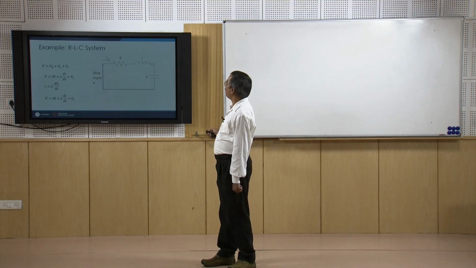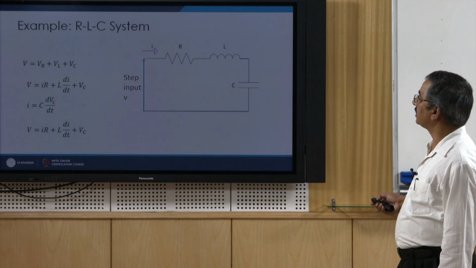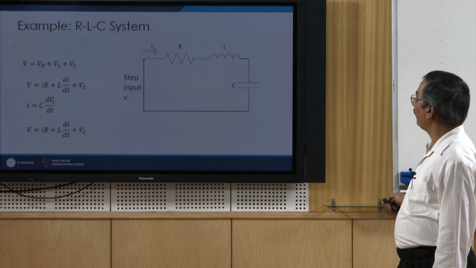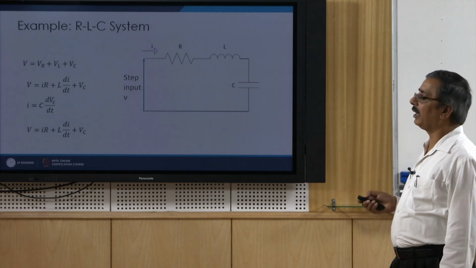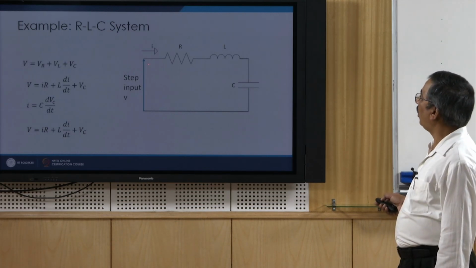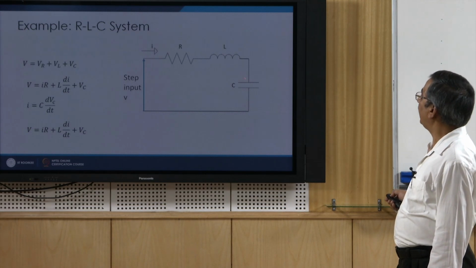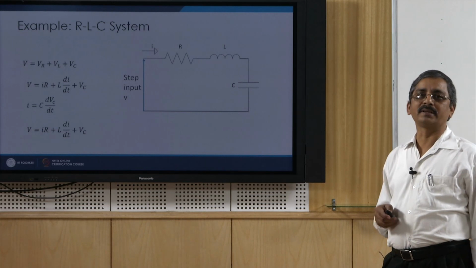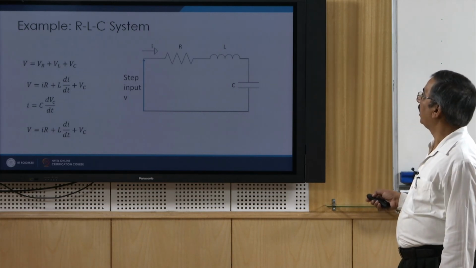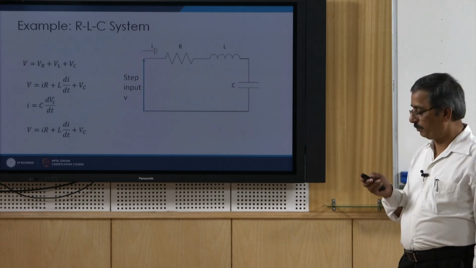For example, if I take this RLC circuit and suppose I am giving some step input here, and if I want to know the behavior of this system, that is either in terms of what current is going to be there through the circuit, or how the voltage will be getting built up across the capacitor, all that analysis I can carry out similar to the one we have seen previously.